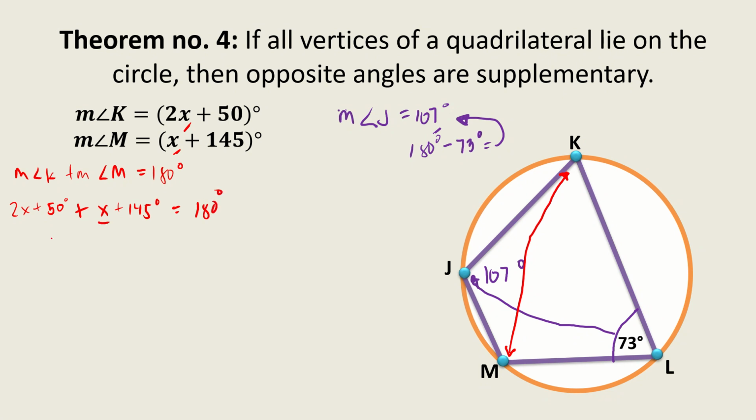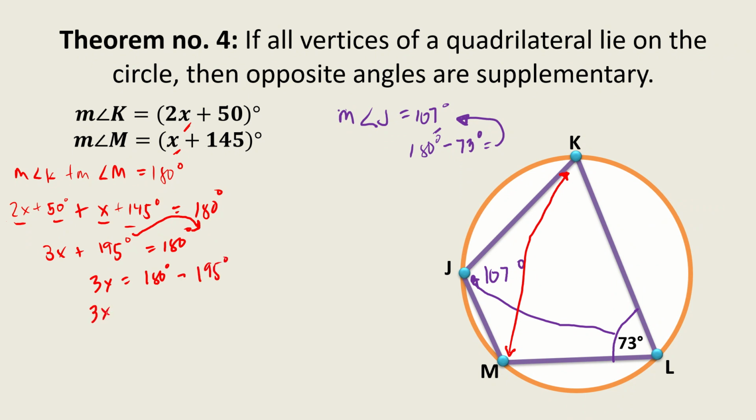Again, combine like terms, 2x plus x. This is 3x. 50 plus 145 is equal to plus 195 degrees. Then equals 180 degrees. Si 195, ibabato ulit sa kabilang side. Magpapalit ng sign, magiging 3x equals 180 degrees minus 195 degrees.